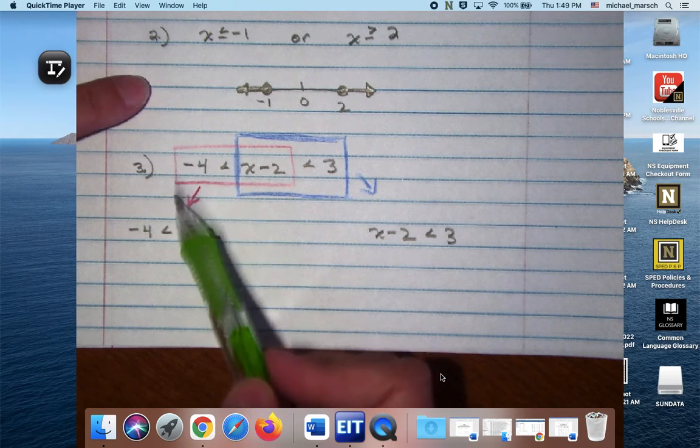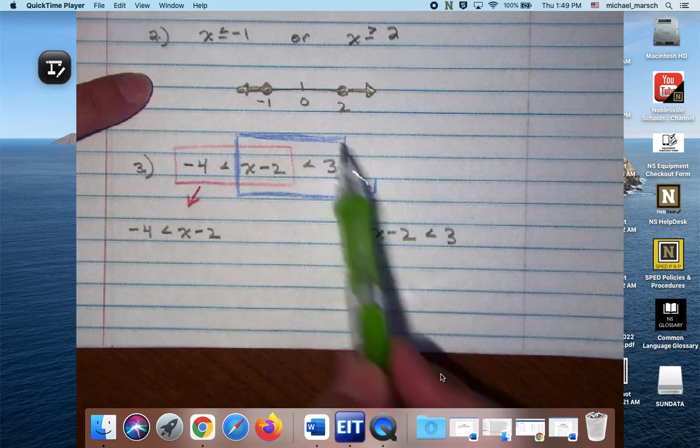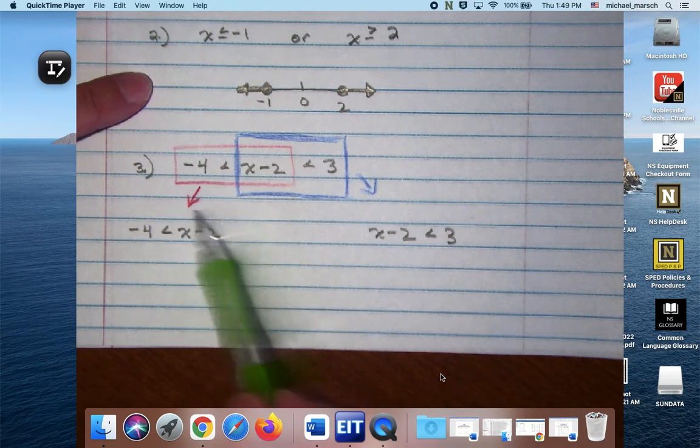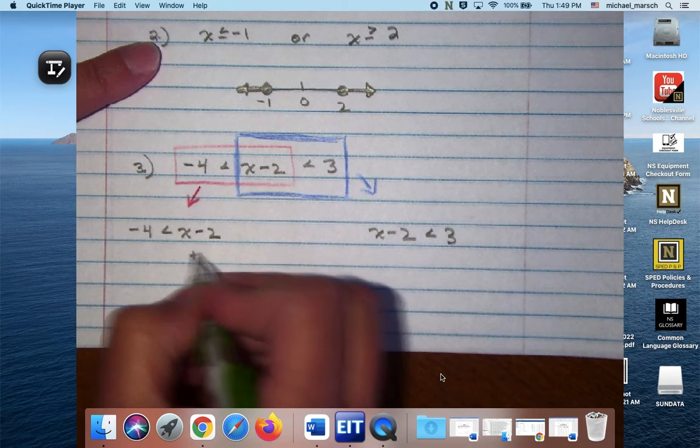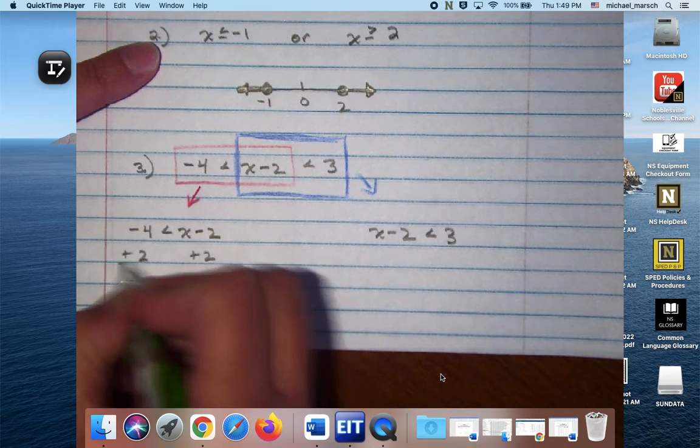So I outlined them so I could visually see which inequality was which. And then I'm going to solve both using my powers of solving inequality.